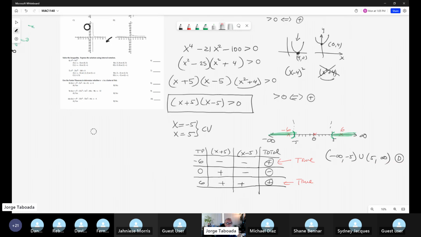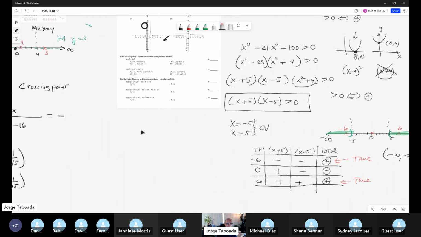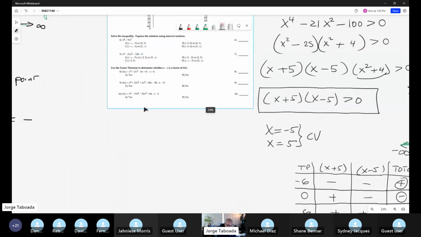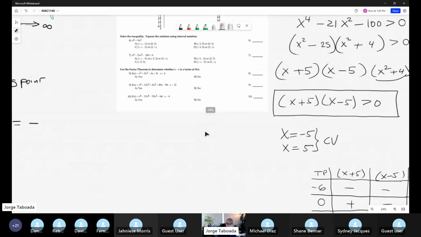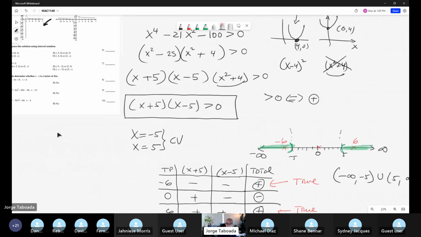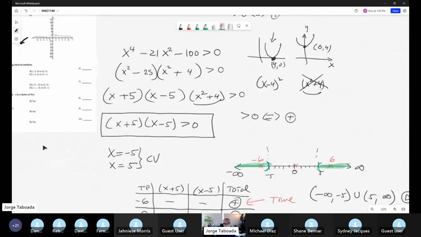Okay, let's move on to question 8, which is super easy. Look, what happened with the x squared plus 4? Good question. You need to know that this is an irreducible quadratic.